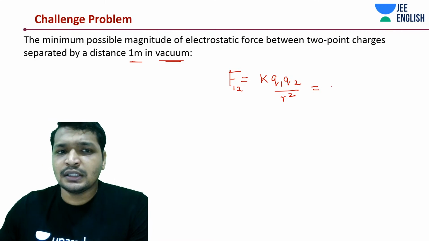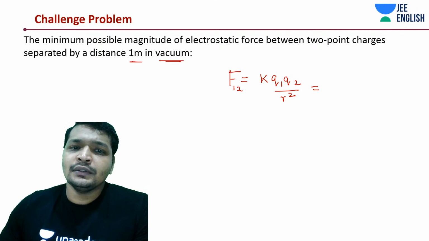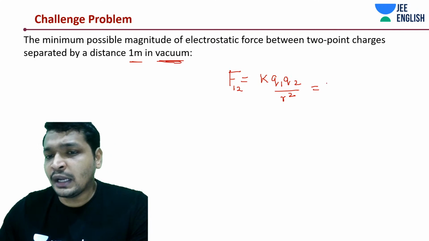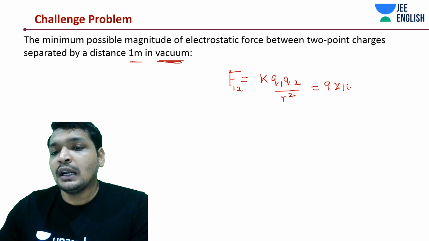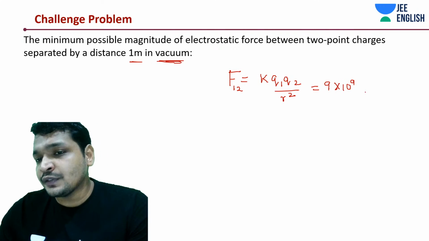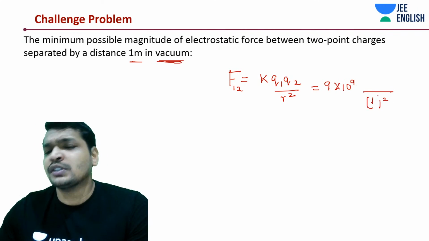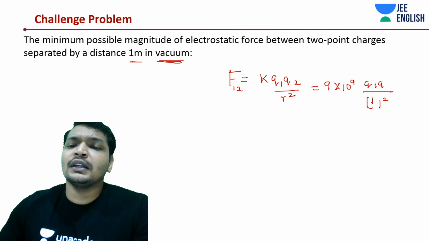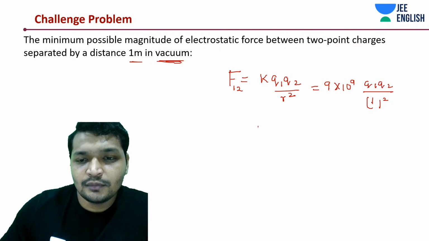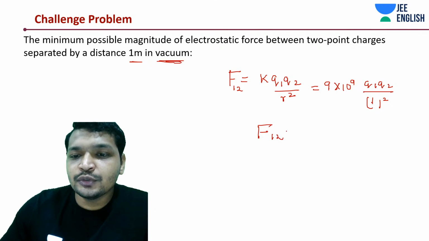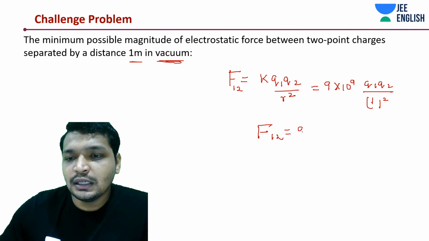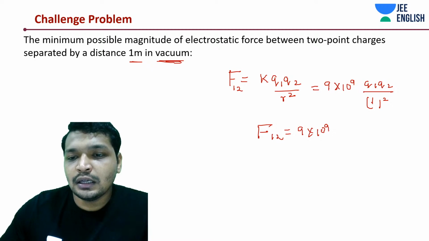K is fixed, it's in vacuum, so it's 9 into 10 to the power 9, and R is 1 meter whole square, into Q1 into Q2. So F12 is basically 9 into 10 to the power 9.